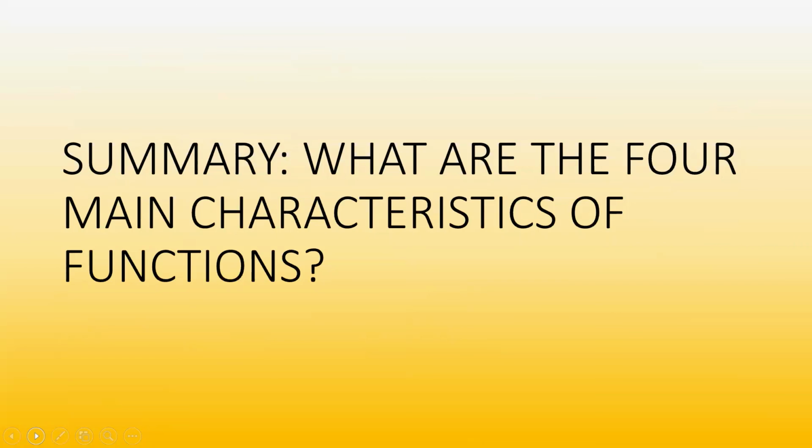You cannot return more than one. The second characteristic is that the return type must be specified in the function declaration. The third characteristic is that if the function does not return anything, then void will be specified. The fourth characteristic is that a function may or may not have parameters. It depends on the programmer.